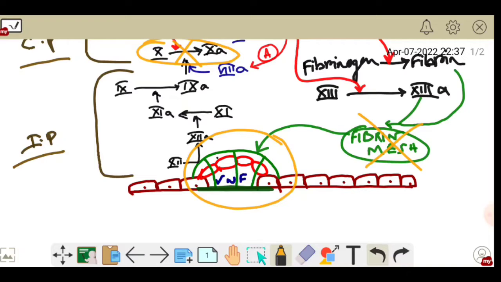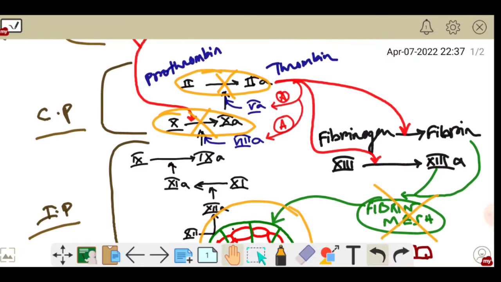So if antithrombin 3 blocks these two, the activation of prothrombin and the activation of factor number 10, then at the end the clot will not be able to withstand in the particular area, and at last the clot will break. So that's why antithrombin 3 is a very important protein to block the coagulation cascade.